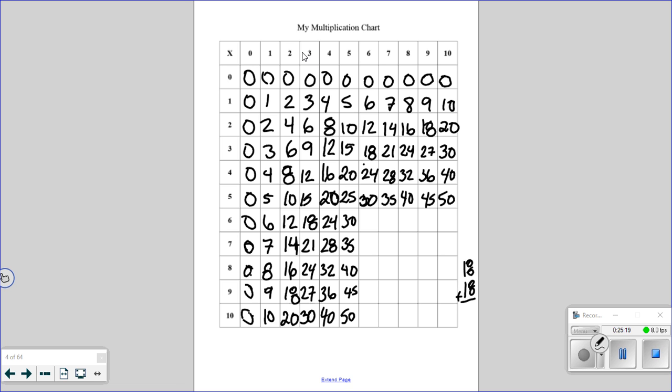I know my 10s add up to be 20, right? And then my 8s add up to be 16. So now I've got 20 plus 16. 36. Way to stick with that goal.